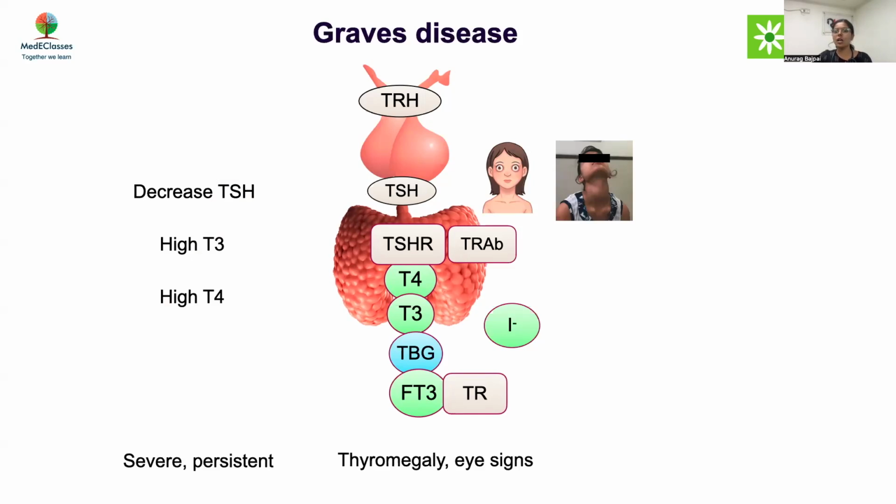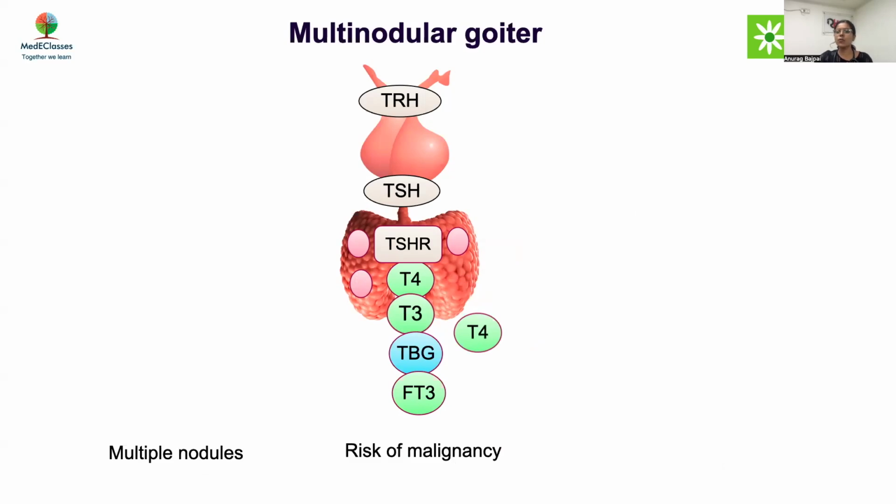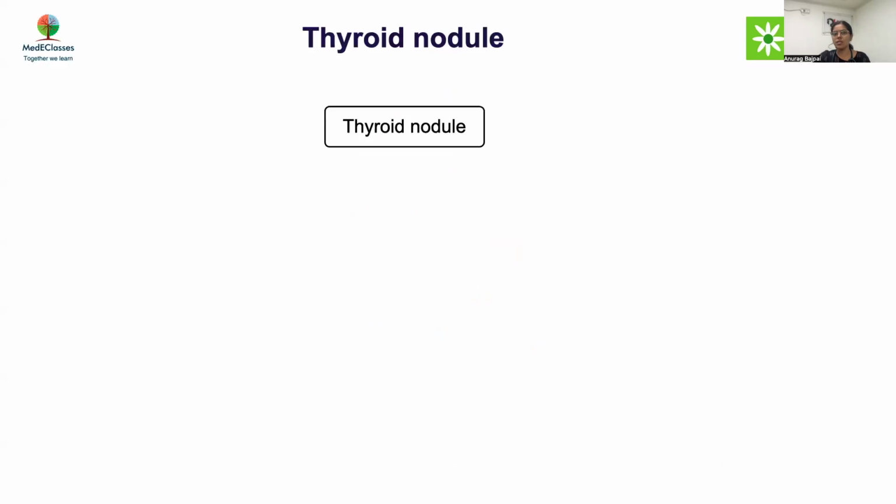It is severe, persistent with both thyromegaly and eye signs, and we can use antithyroid drugs as treatment or surgery can be opted. Multinodular goiter, with multiple nodules present in the goiter, results in increased levels of T4 and a decrease in TSH levels. There is a risk of malignancy and it can present like subclinical thyrotoxicosis.